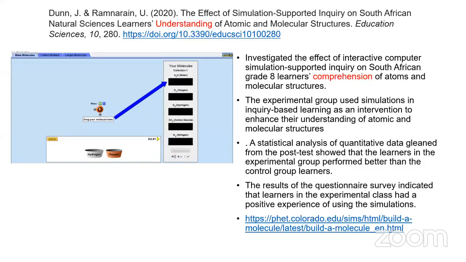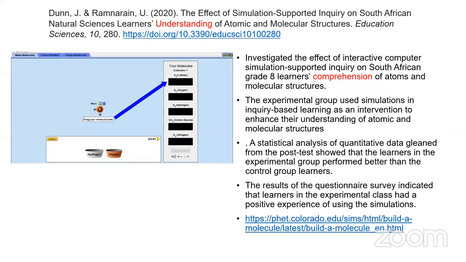So the PhET simulation experienced by the experimental group, as is reflected here in this diagram, is called Build a Molecule. For this simulation, the following goals were set by the teacher. Firstly, the learners had to describe the difference between an atom and a molecule.